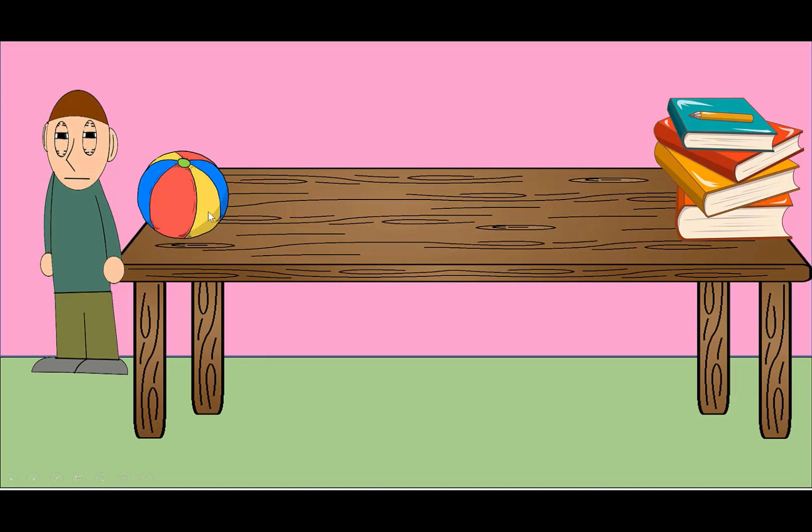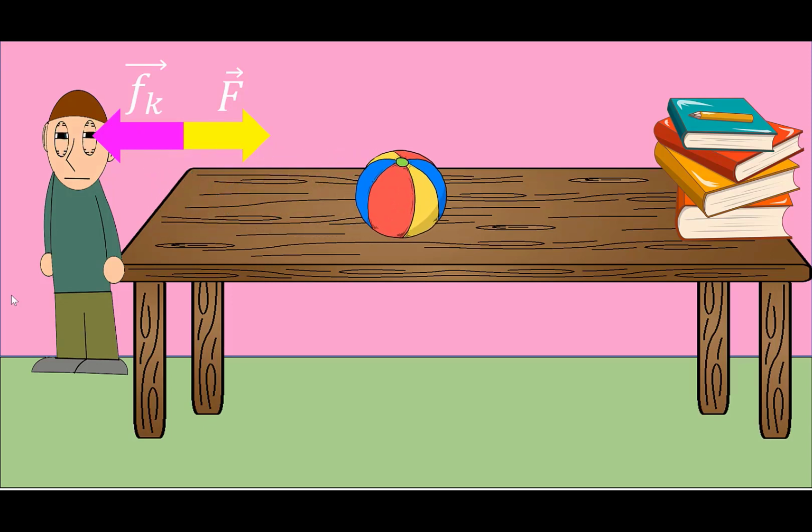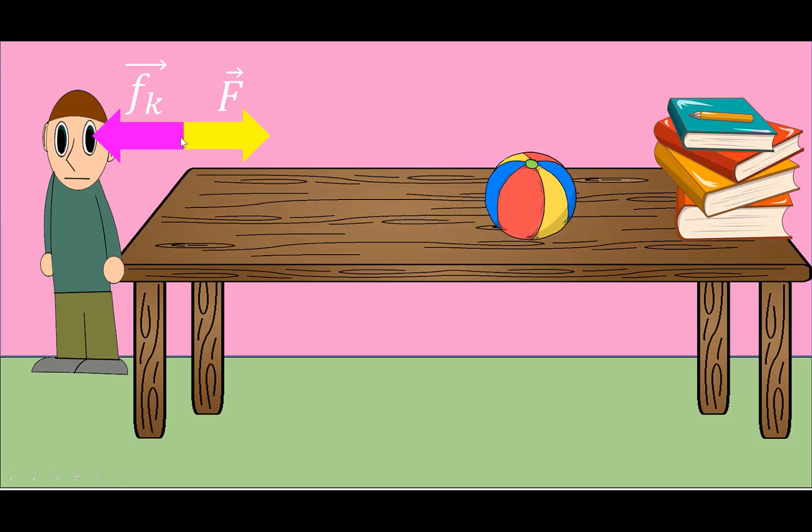To push the ball across the table at constant velocity, it requires a force from our hand that can balance out the force of friction. So, when the object moves at constant velocity, the pushing force is equal in magnitude to the frictional force but acting in the opposite direction.